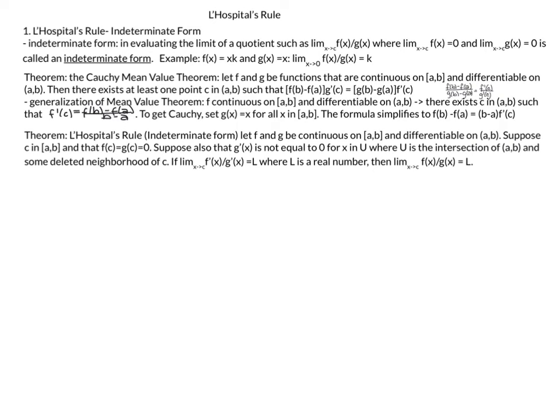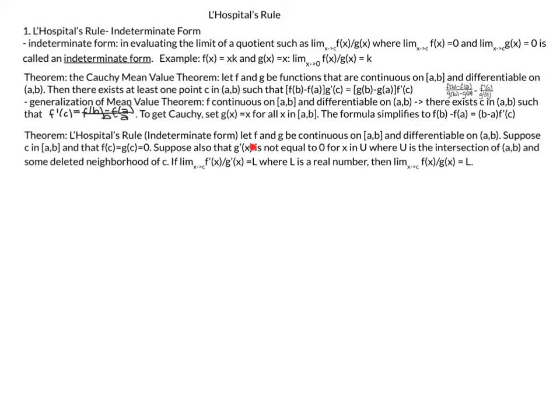Now we are ready for L'Hopital's rule for the indeterminate form. So let f and g be continuous on the closed interval [a, b] and differentiable on the open interval (a, b). Suppose that c is in the interval (a, b) and f of c equals g of c, which is equal to 0. So we have this indeterminate form as x approaches c.